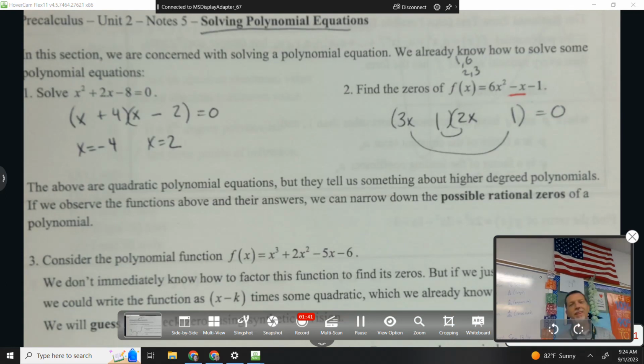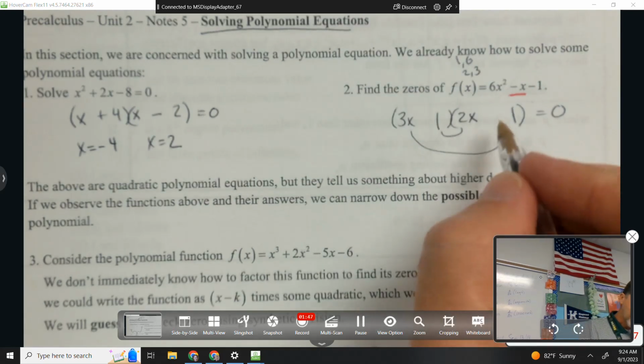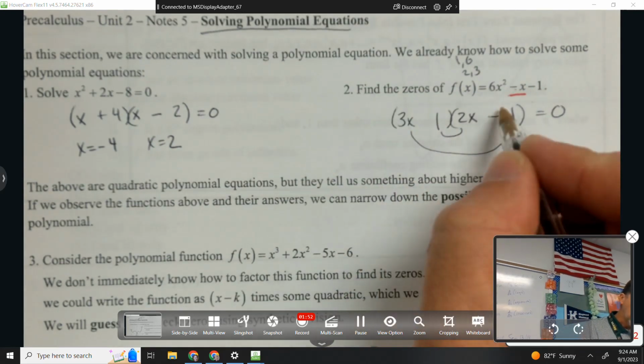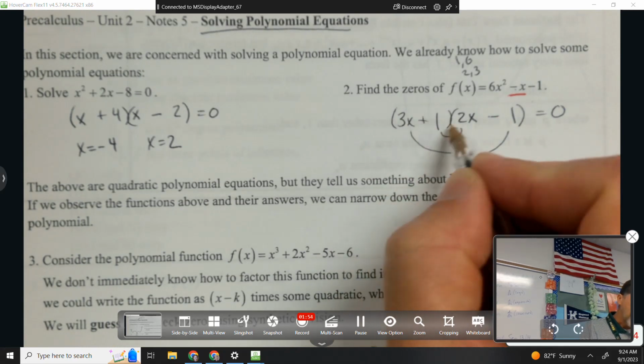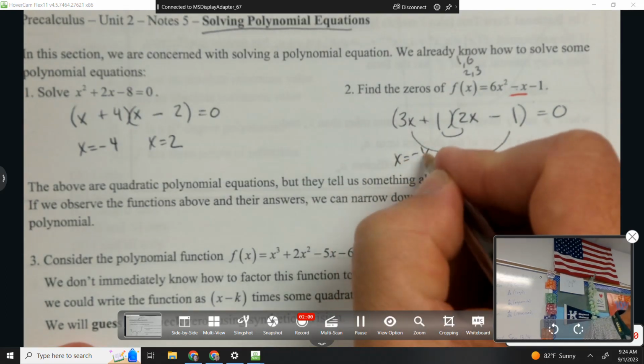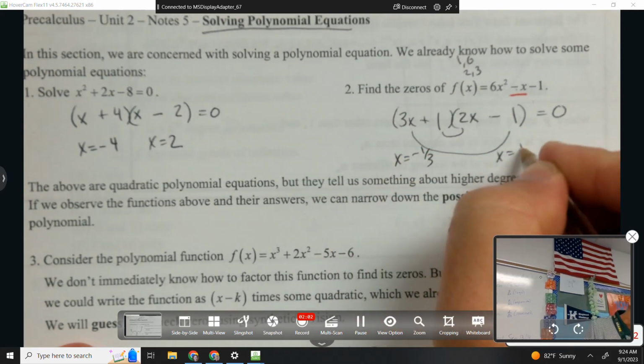Some people talk about that. That's not really a method. That's just to remind you how to check for the middle term. I want it to be negative, so I need a negative 3x and a positive 2x. There we go. So x equals negative 1/3 and x equals 1/2.